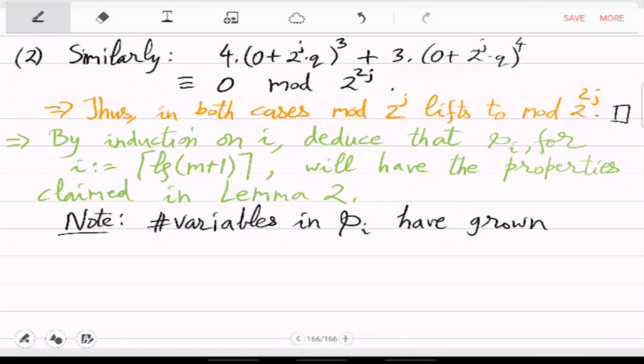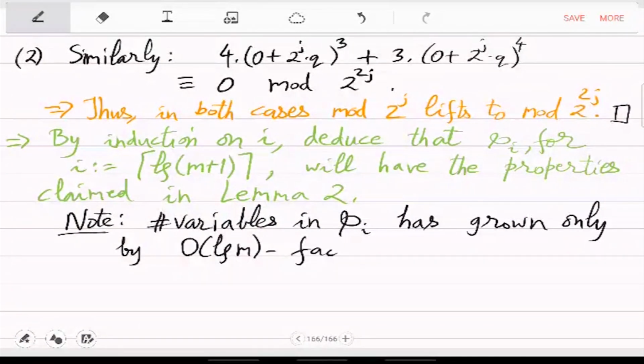So the formula size is blowing up, but by how much? So this has grown only by a log m factor. Okay, so why is that?